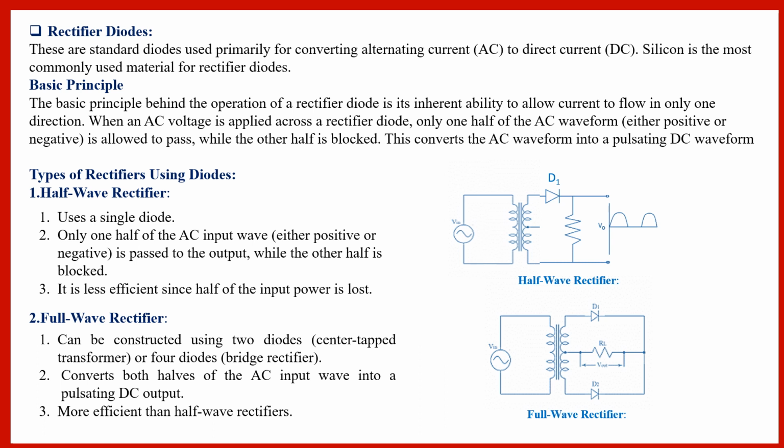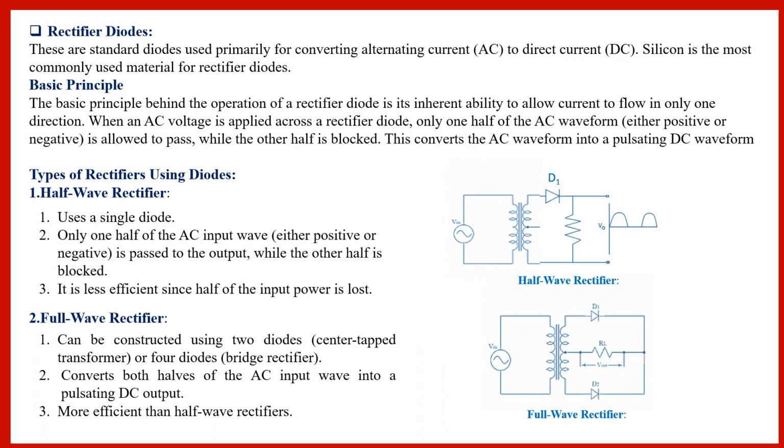in various applications. One of the most common applications is rectification, where diodes are used as rectifiers. So what are rectifiers? Rectifiers are devices which convert AC to DC, that is, alternating current to direct current. Silicon and germanium are the most common examples of the diode, and here we are talking about silicon as the diode.